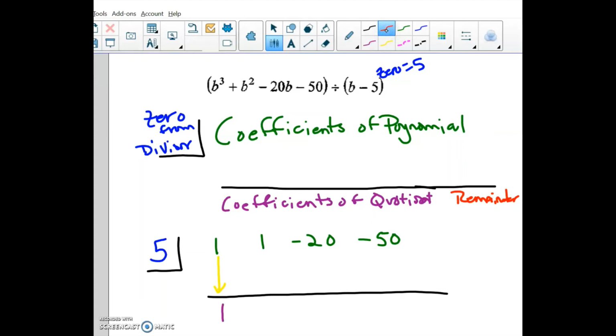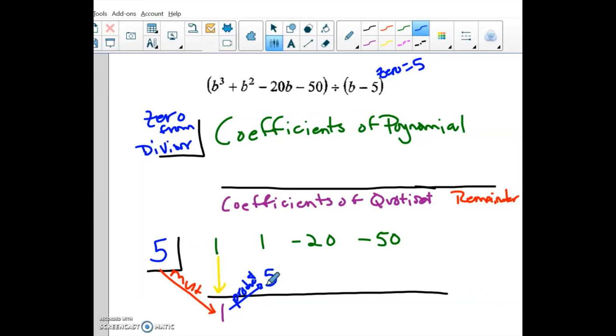We will then multiply. We will multiply the zero times the coefficient of the quotient. That product goes right here. So here, 5 times 1 is 5.